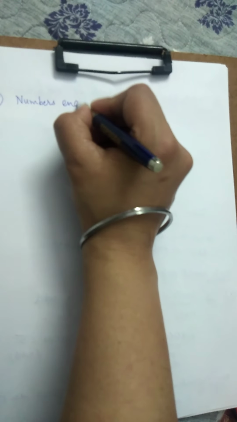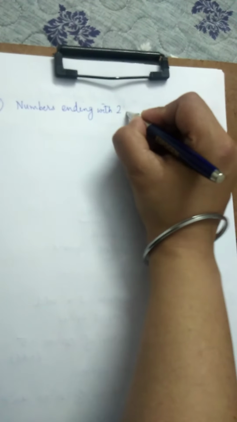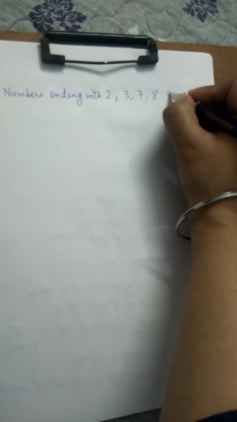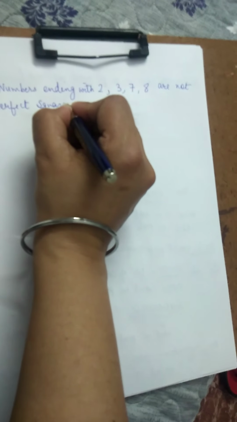Next fact is, the numbers ending with 2, 3, 7, 8 are not perfect squares.